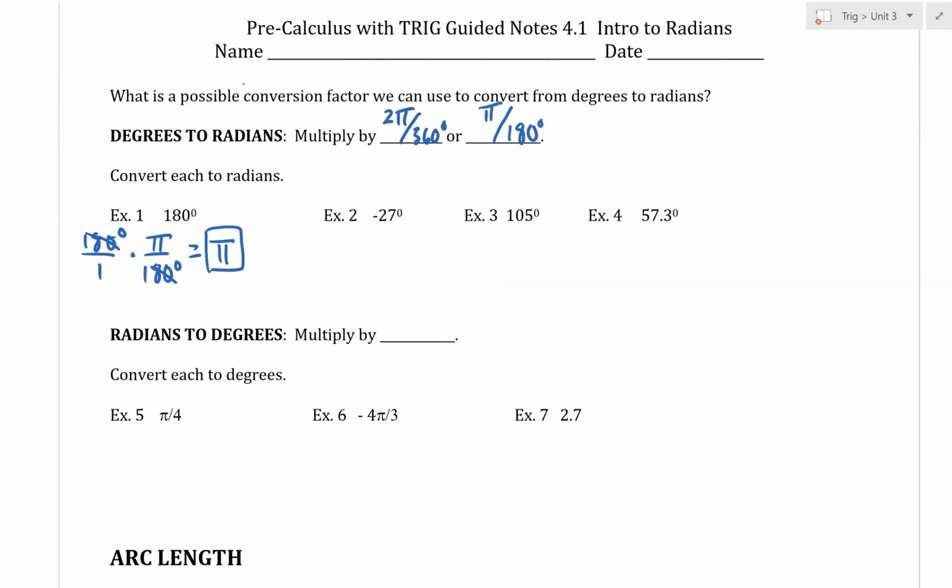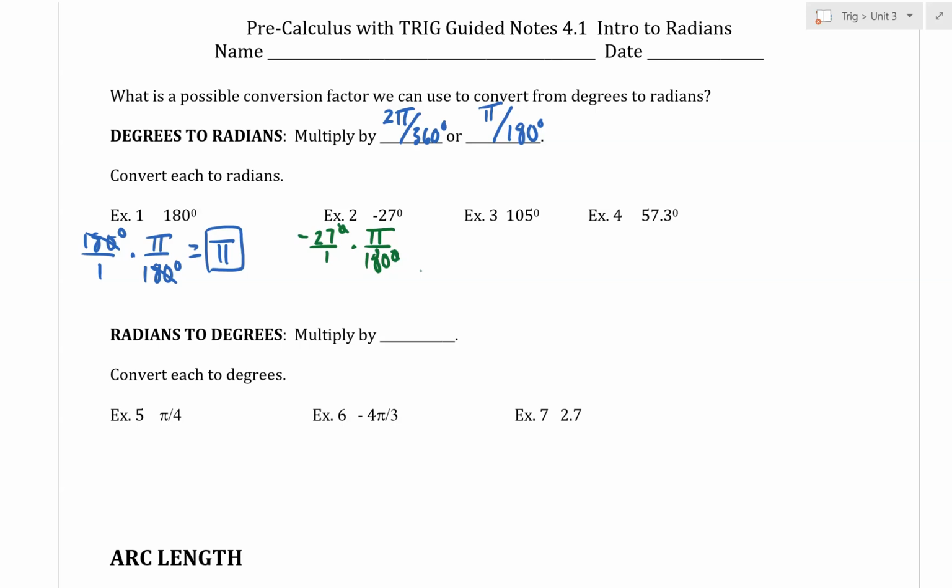The next one says negative 27 degrees. So what are we looking at in terms of a negative 27 degrees? Well, we'd start with that same idea. Negative 27 degrees over 1 times pi over 180 degrees. Now, the degree symbols are going to cancel each other out. So now it just becomes a process of simplifying.